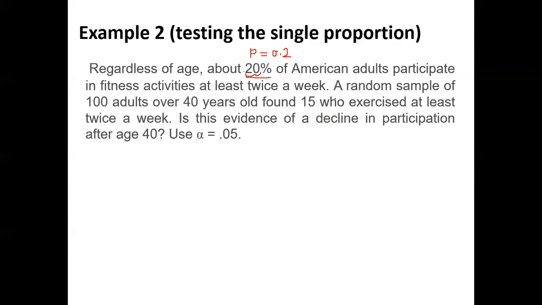Next, a random sample of 100 adults. So a random sample must equal the n value, that is the sample size, which is 100.